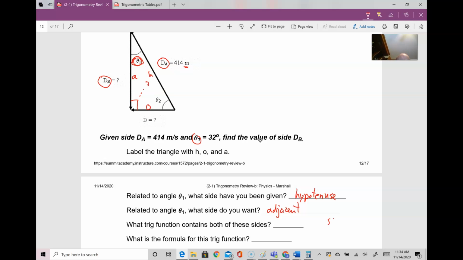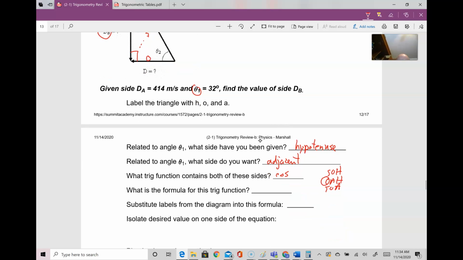Because I remember SOHCAHTOA, I remember that the cosine contains both adjacent and hypotenuse. The formula for this trig function is cosine of theta equals adjacent over hypotenuse.